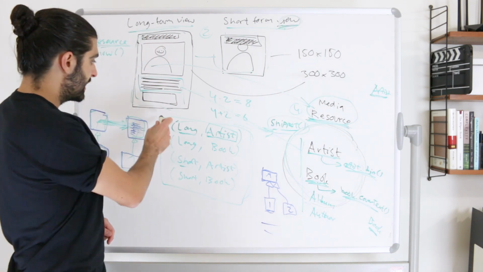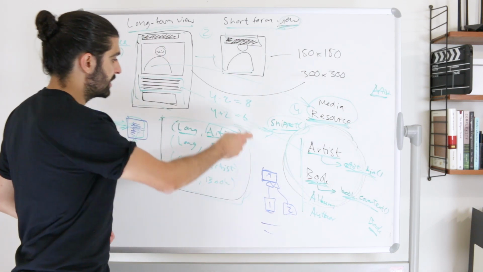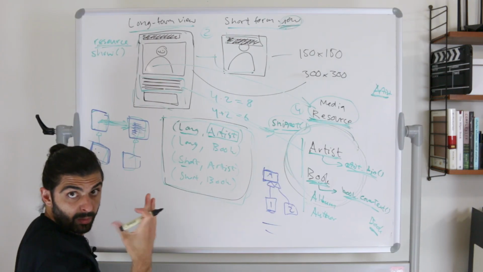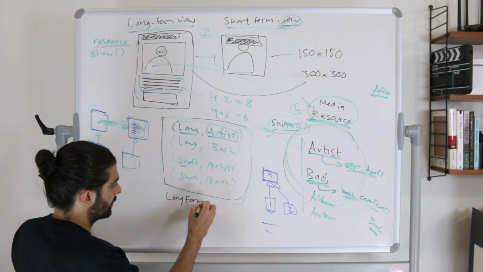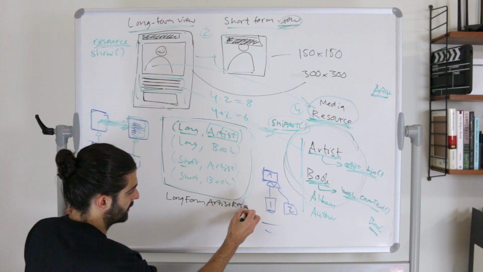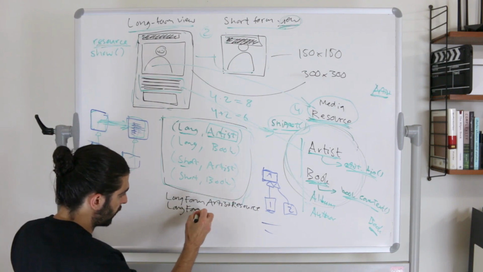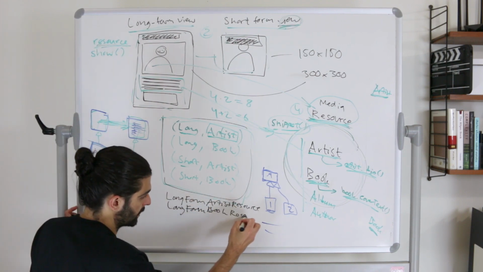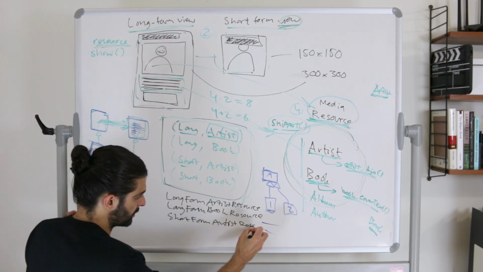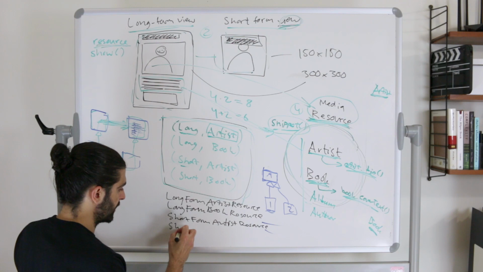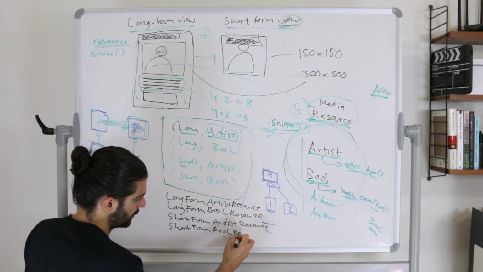If we instead had to actually use this Cartesian product, we would probably end up creating the classes long form artist resource, and then long form book resource, and then short form artist resource, and then short form book resource.